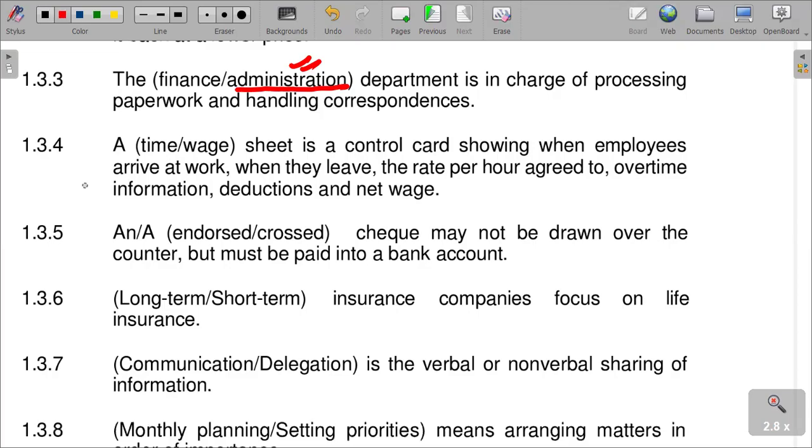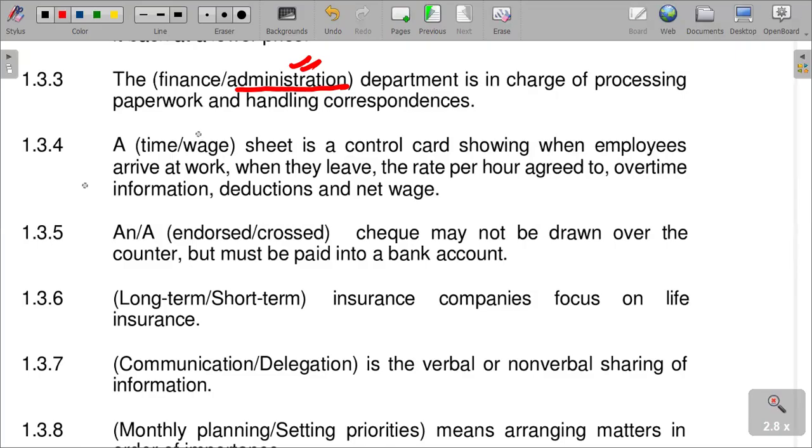Number 1.34, a dash sheet is a control card showing when employees arrive at work, when they leave, the rate per hour agreed to, overtime information, deductions, and net wage. We are talking about the wage sheet.